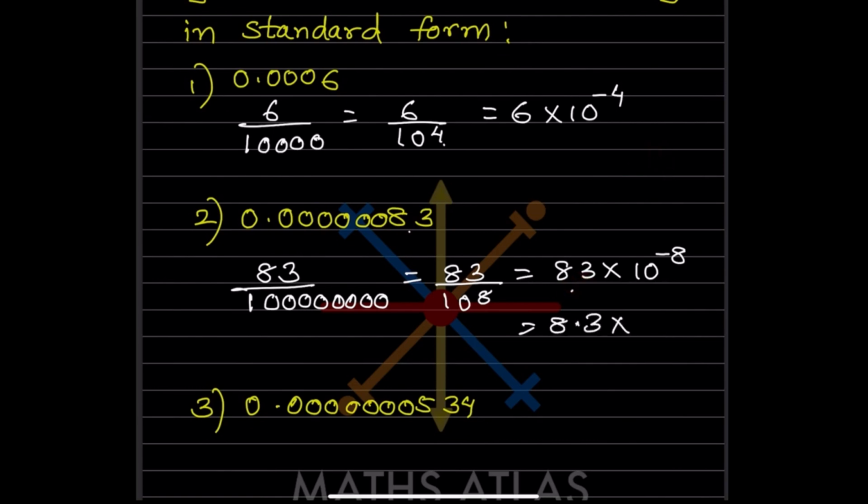Now 8.3 means the point is over here, so this is going to be plus 1. So this will be 10 raised to minus 7. When we write 8.3, after this one we go 1 point here, so that is plus 1. Minus 8 plus 1 is going to be minus 7. So the answer should be minus 7.